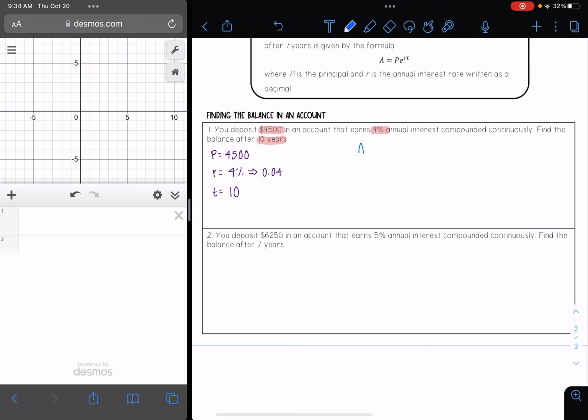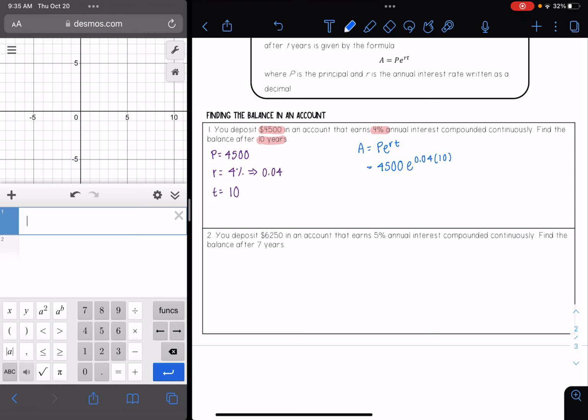So I have my formula that A is equal to P e raised to the rt. Plugging in my information, I have 4,500 e raised to the 0.04 times 10. Now I'm going to go over to Desmos to figure this out.